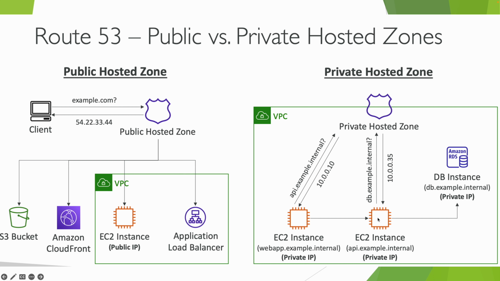So this EC2 instance will connect to that particular instance, and this instance may ask the private hosted zone, I want to connect to db.example.internal.com, and this hosted zone will say okay, this domain is connected to this IP address, which is the DB address, and it will give the response with this private IP, and this EC2 instance will connect to that private IP server. So db.example.com internal is bound to this DB instance, and it will connect here.